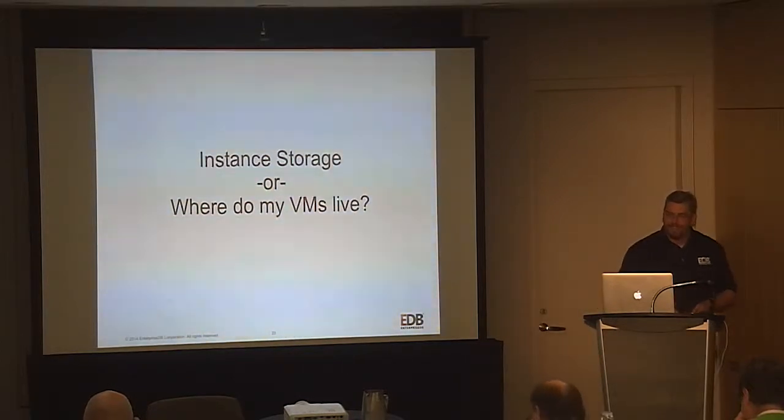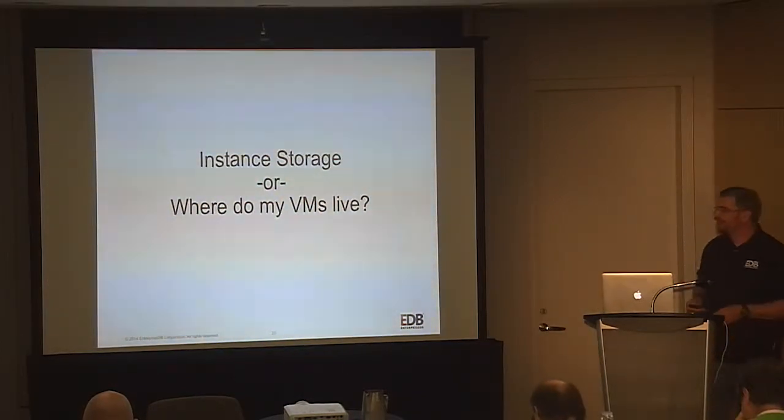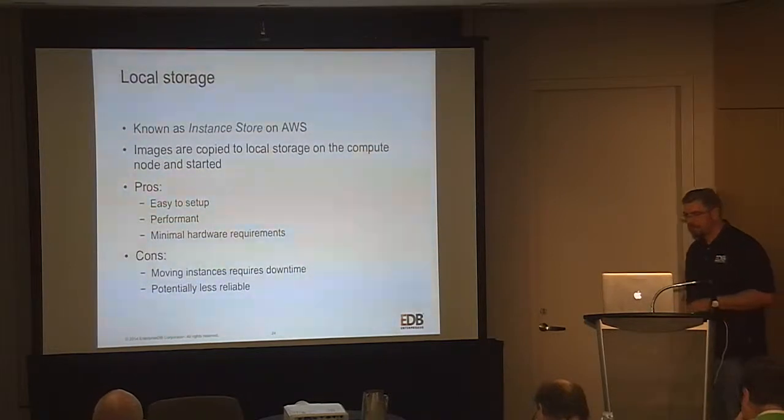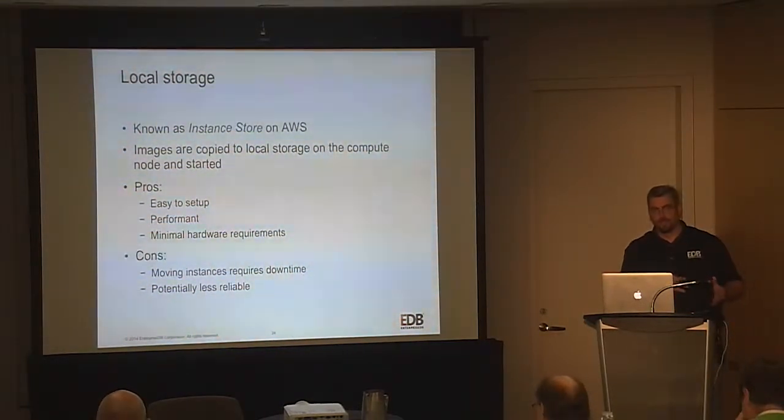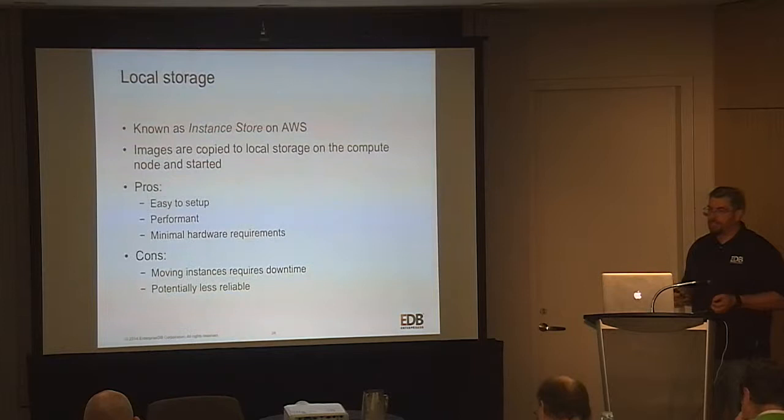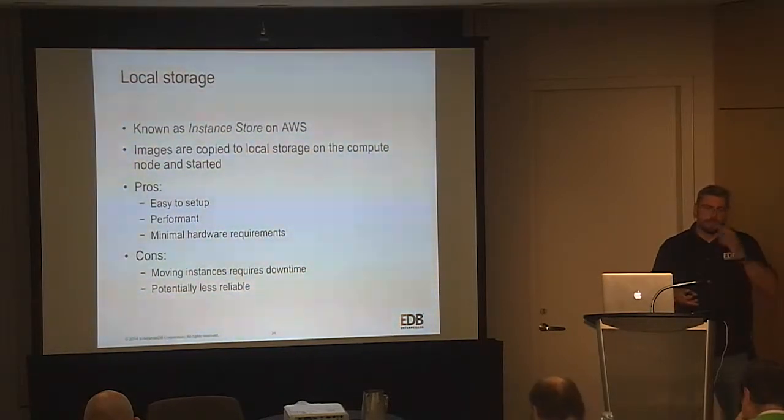All right, instance storage. Where do my VMs live? When you run your virtual machines on the compute nodes, there are a number of places where those virtual machines can actually live. Originally when Amazon was launched, all machines were ephemeral, because they all lived on what was known as the instance store.